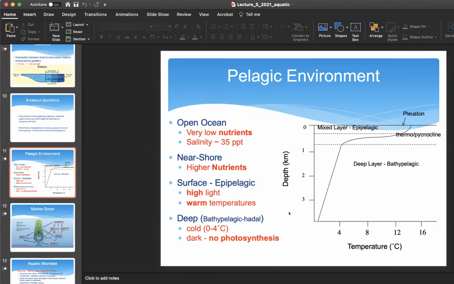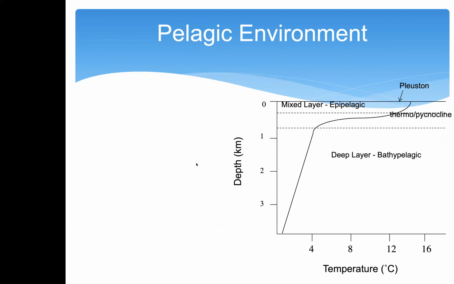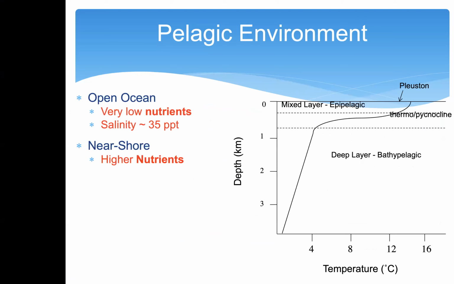All right, so let me share. We left off switching from the aquatic environment to the freshwater environment to the pelagic environment, or the oceanic. Compared to the near shore, where we mentioned there were higher nutrients, the open ocean has nutrient levels that are often quite a deal lower.